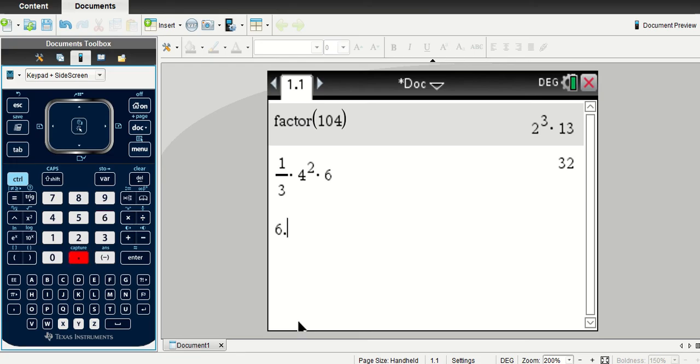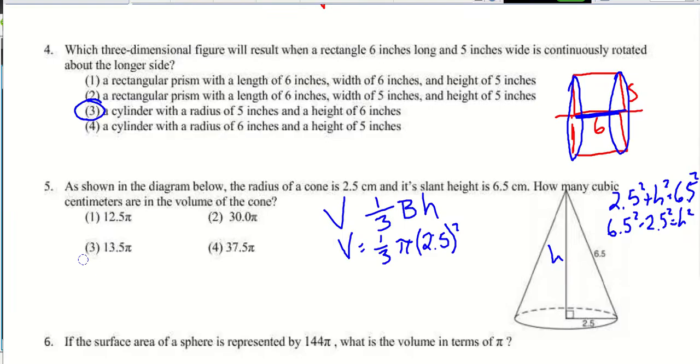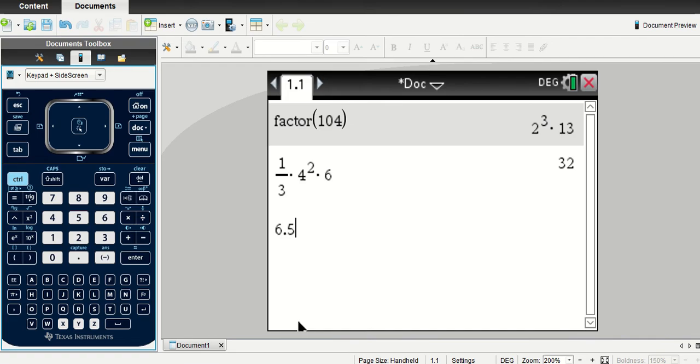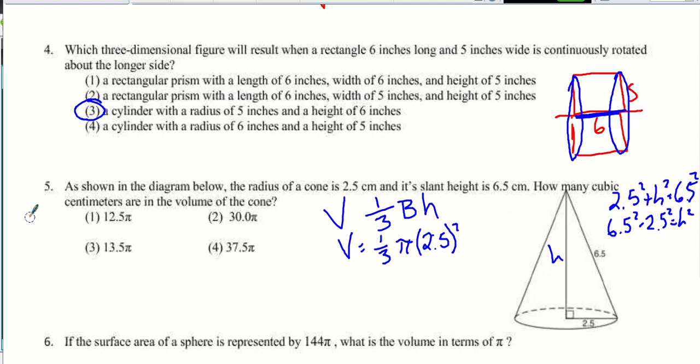So 6.5 squared minus 2.5 squared is 36, and then we're going to take the square root of that, and you should know that's 6, but there you go. So 36 is equal to h squared, and we get 6 is equal to h. We took the square root. So that's how we're going to find the height.